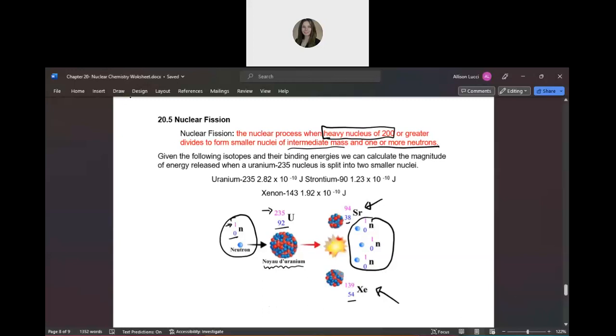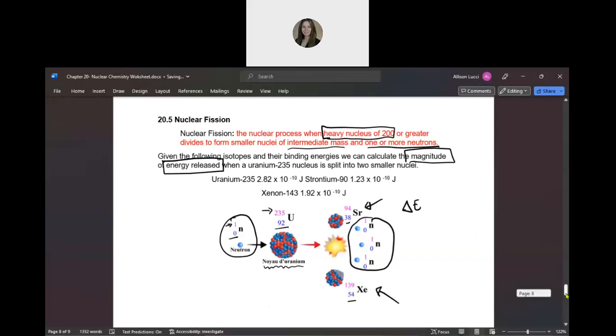We can use this information, this balanced nuclear equation, and find out the magnitude of energy released, our delta E, our change in energy.